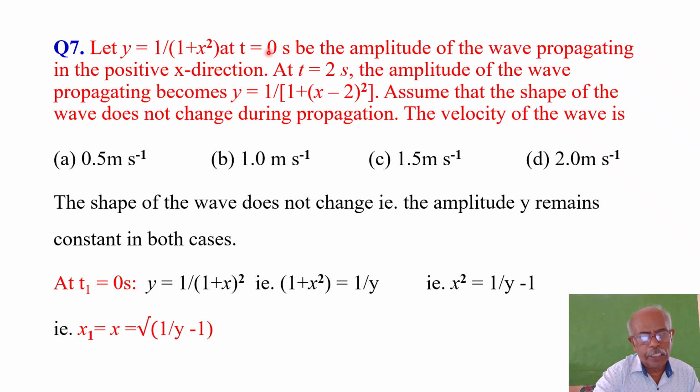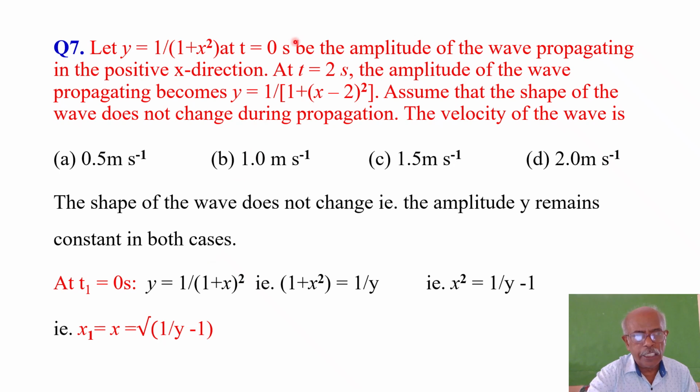So at t equal to 0, you are given an expression for y. At t equal to 2 seconds, you are given another expression for y, and y is the amplitude. Assume that the shape of the wave does not change during propagation. What does that mean? It means the amplitude y remains constant in both cases.